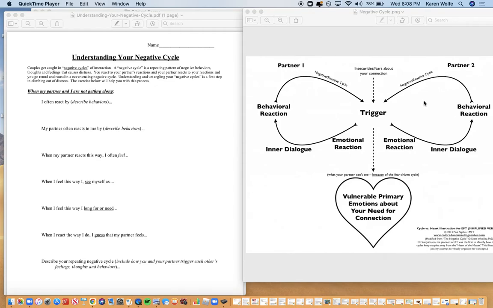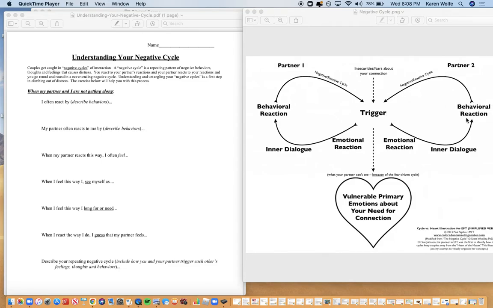But inside, you go down, down, down below the line. When we can go below the cycle to the vulnerable primary emotions about your need for connection, that is what helps settle the cycle down tremendously.